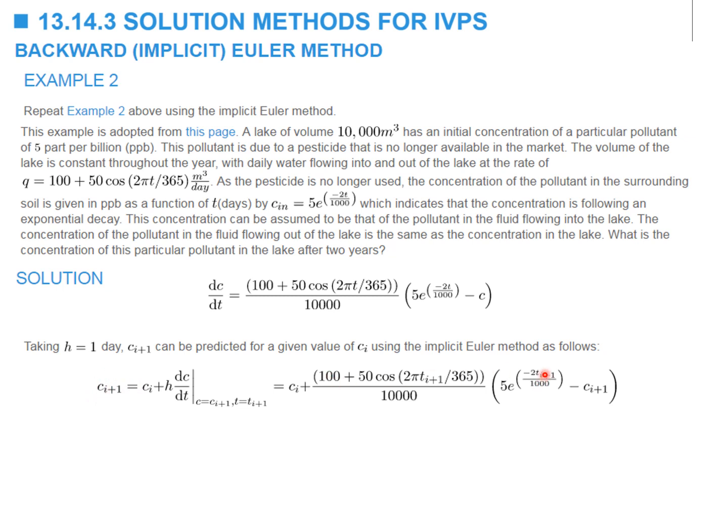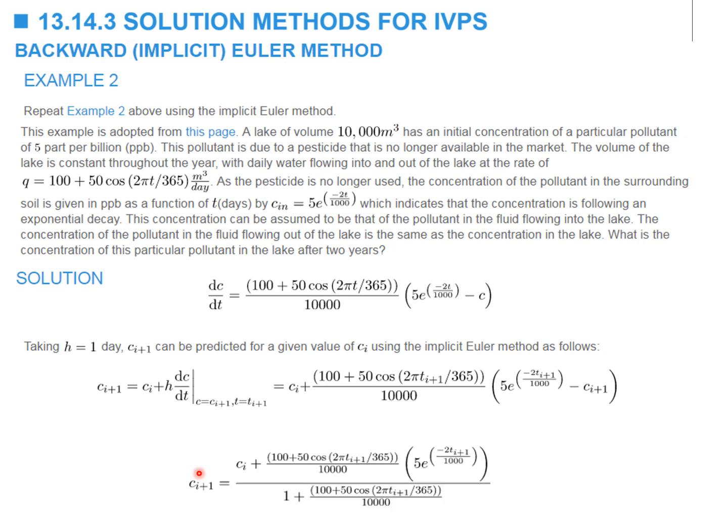And of course we know the value of ti plus 1 is equal to ti plus the time increment, which is h, which is 1 in this case. So we know ti plus 1, but we don't know ci plus 1, so we need to rearrange the equation to put ci plus 1 on one side. And then we get this equation that is a function of ci and t sub i plus 1.